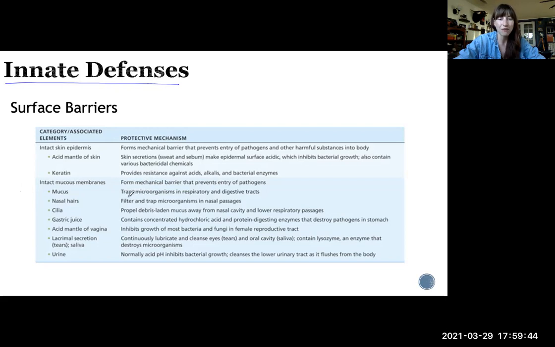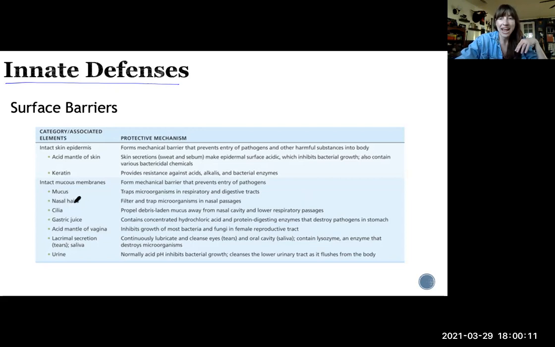The mucus itself traps microorganisms in your respiratory and digestive tract. So this includes your entire pharynx, the back of your nose and throat, your trachea down into your bronchioles, mucous membranes catching stuff and sweeping it out. Your esophagus, your stomach, your intestines, all the way down the line, mucous membranes to catch stuff and sweep it out.